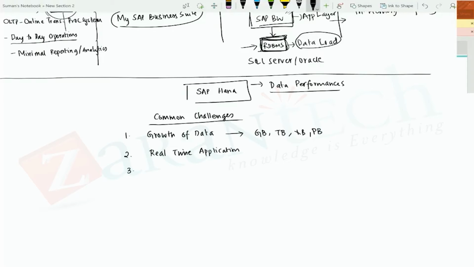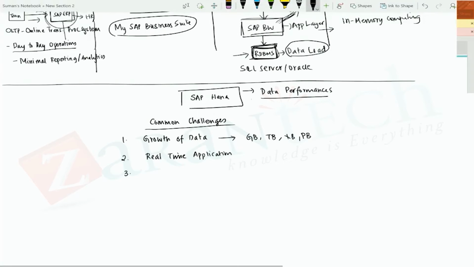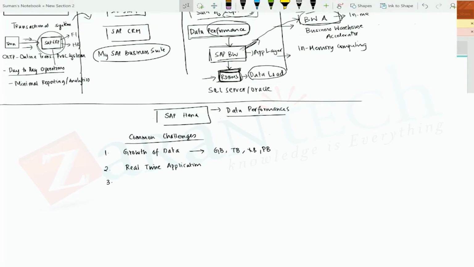The third thing is, if you are working in an SAP environment or in a non-SAP environment, if you are working in the IT field, you will soon realize that gone are the days where people were willing to wait for a report to generate in half an hour or 45 minutes or an hour, right? Those days have gone. People want data instantaneously.